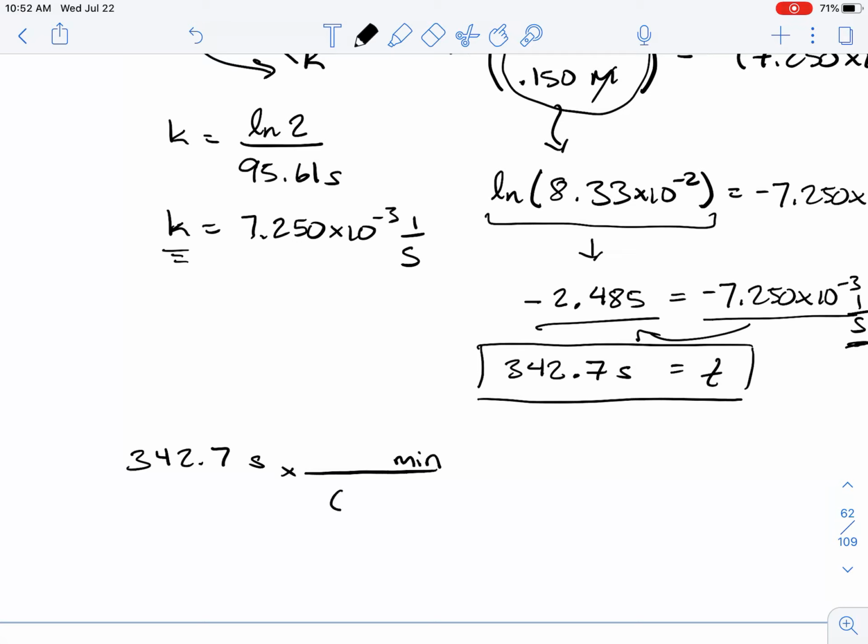For every 60 seconds, that's going to give us 1 minute. And so if I divide 342.7 by 60, I get 5.712 minutes.